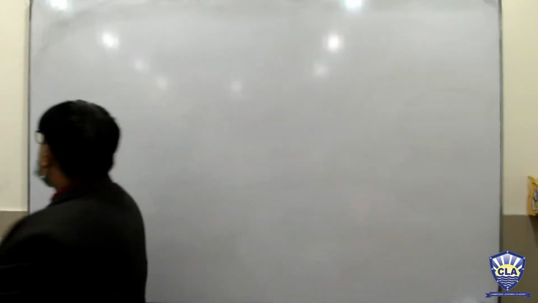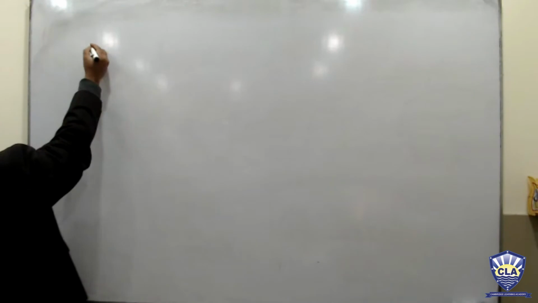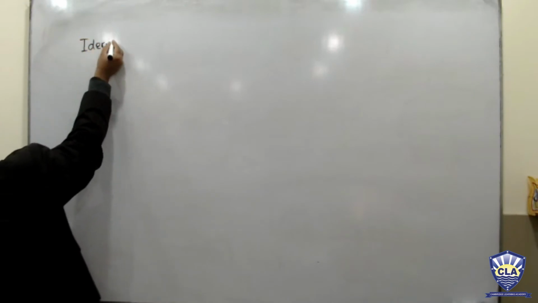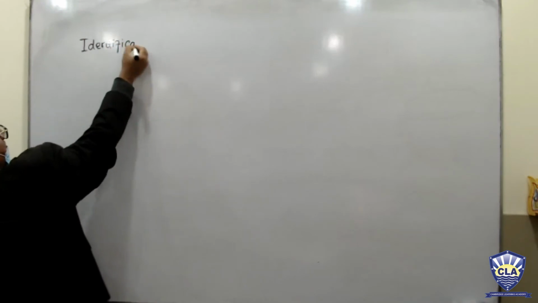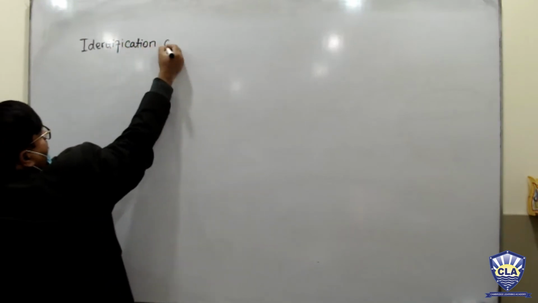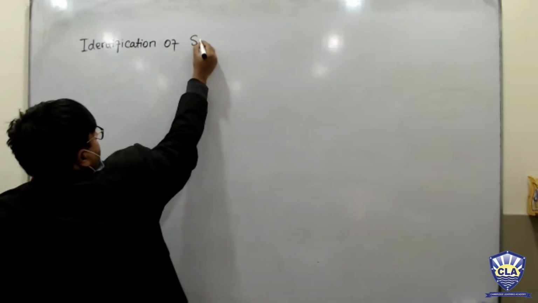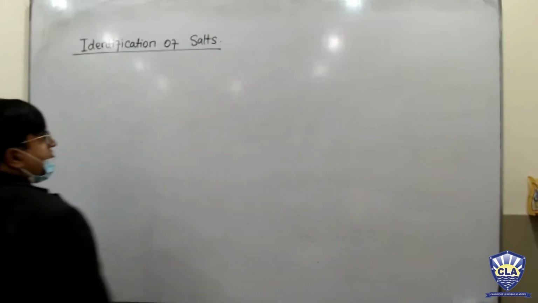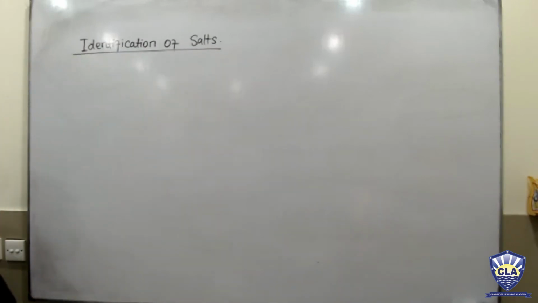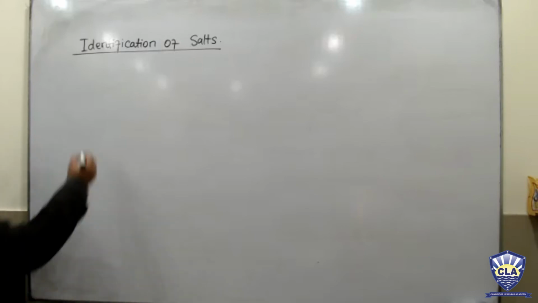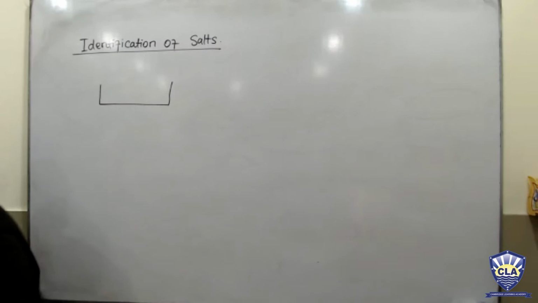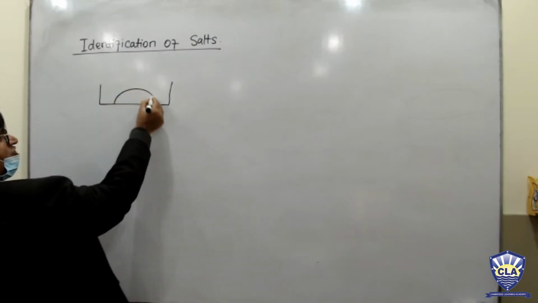Okay, so let's start with the identification of salts. So this is a very important topic, beta. Everybody just focus up here. Have a look. So this is a dish. In this dish, I'm going to give you any salt.